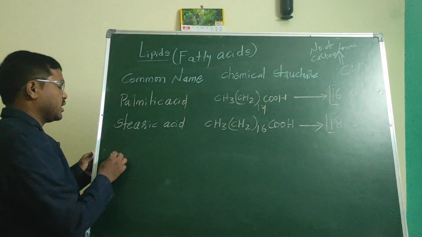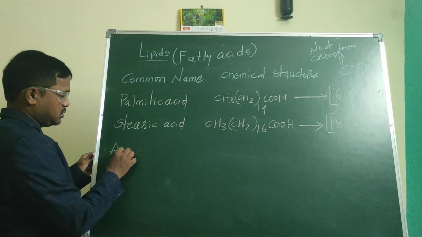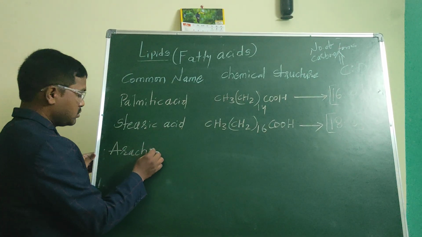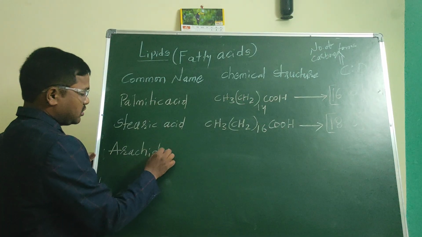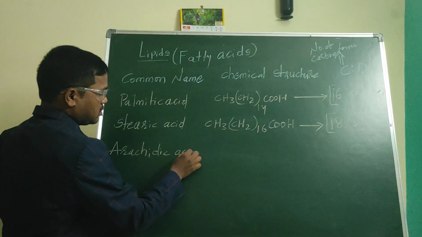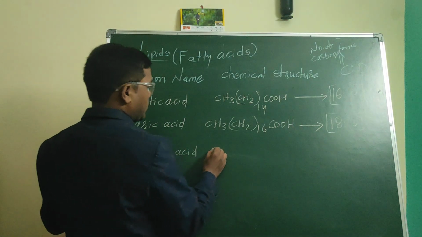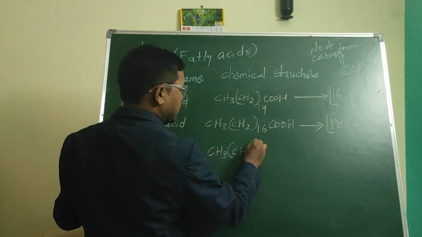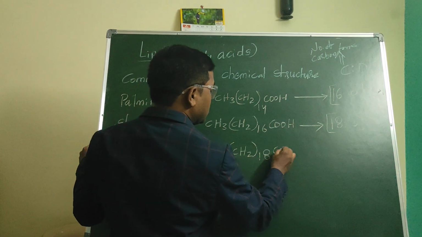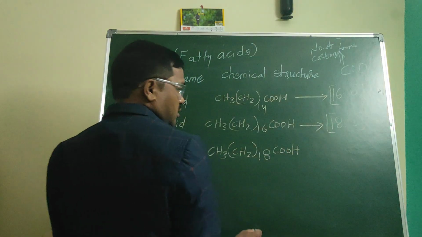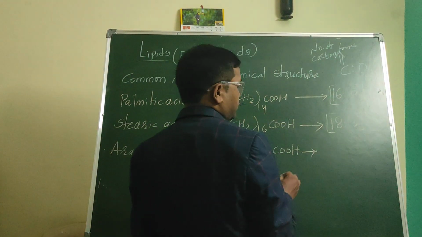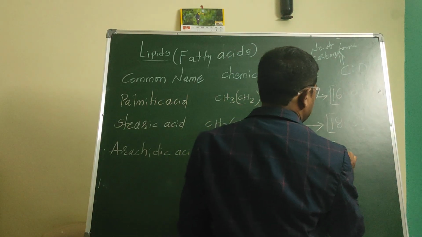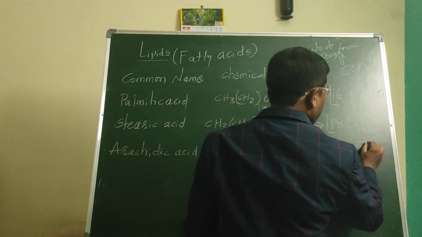And arachidic acid, CH3(CH2)18COOH. Number of carbon atoms in arachidic acid is 20, and the number of double bonds is 0.